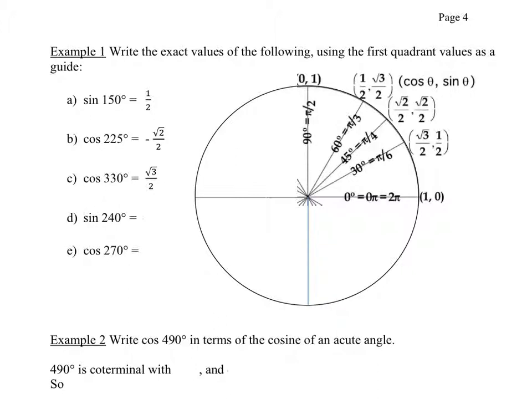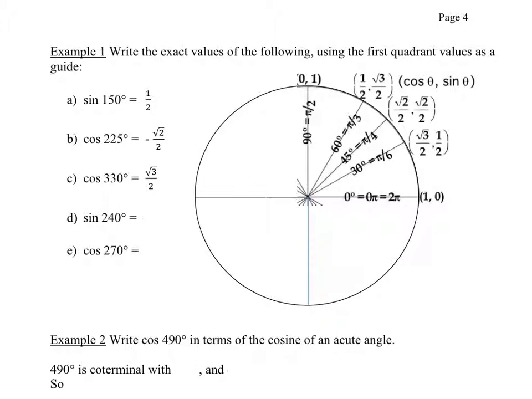For sine of 240 degrees, one way of thinking about it is 180 plus another 60, so it's going to be somewhere down here. It's going to be this point reflected over here, except the x and the y's are going to be negative. So the sine of 240 is the y-coordinate. It's going to be negative whatever this value here is.